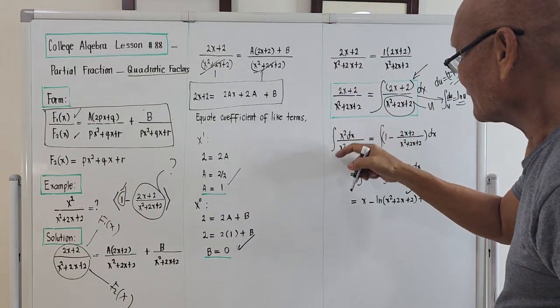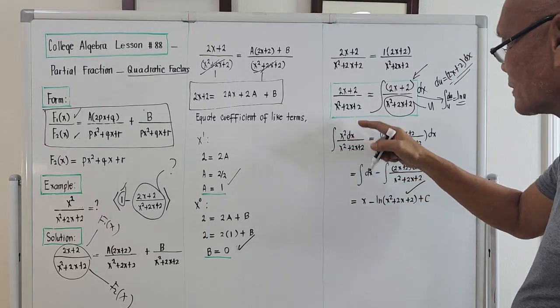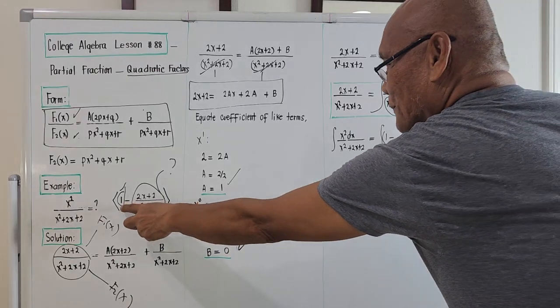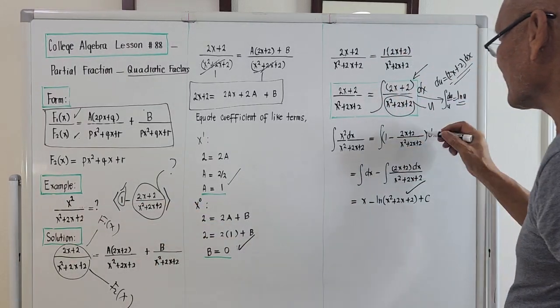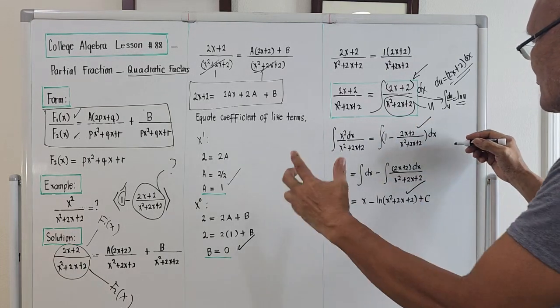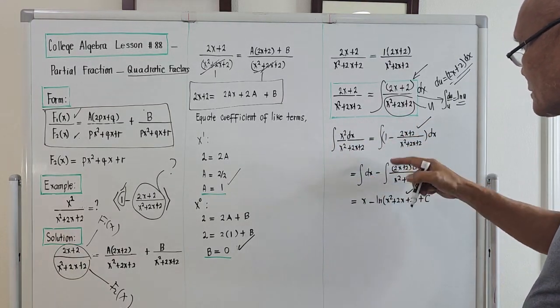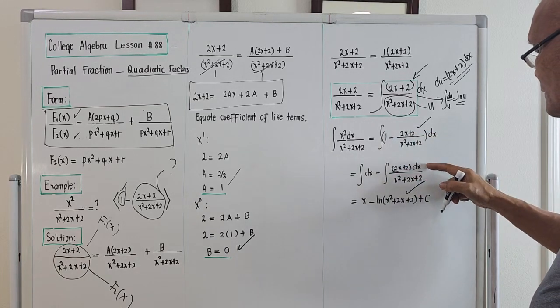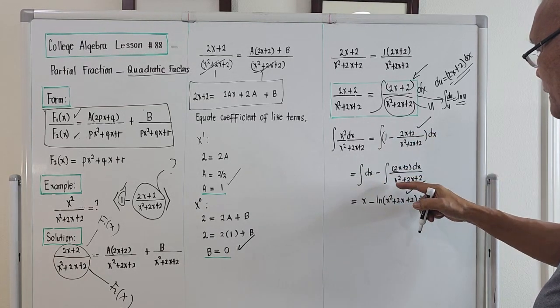If we go back to the original problem, the integral of x squared dx over this, after the long division, there is a perfect quotient 1, so this is 1 minus the equivalent of this. If we expand, this will be the integral of dx minus the integral of 2x plus 2 times dx over x squared plus 2x plus 2.